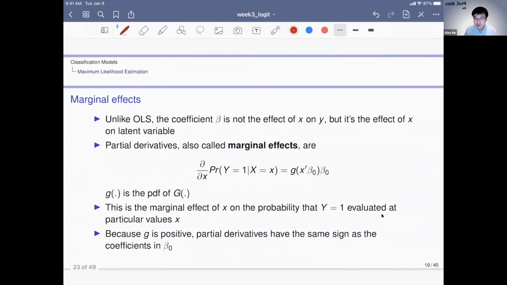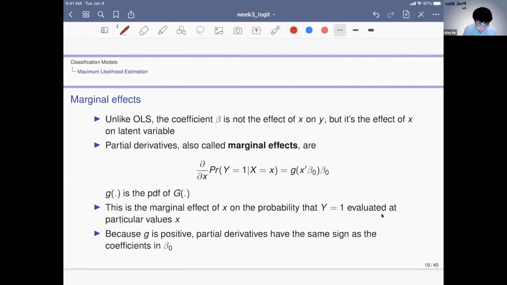Let's say we still want to know the marginal effect of x on y. For policy or whatever reason, we want to know if we increase x by 1 unit, what is the effect of that on y?